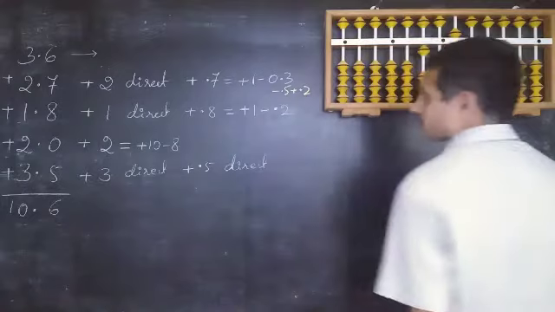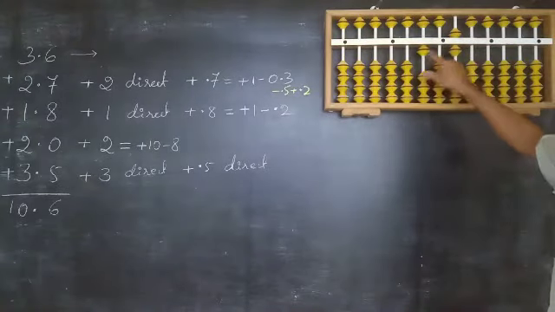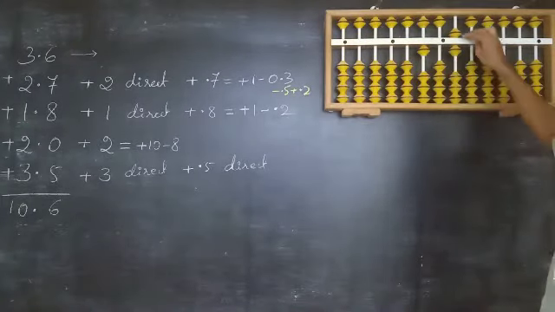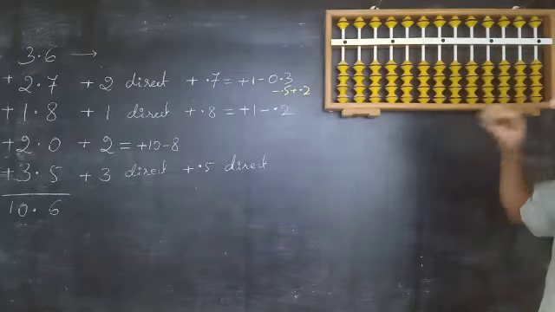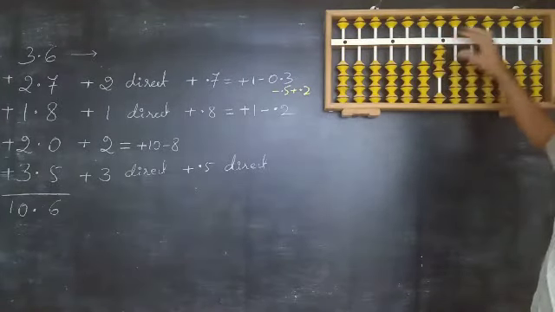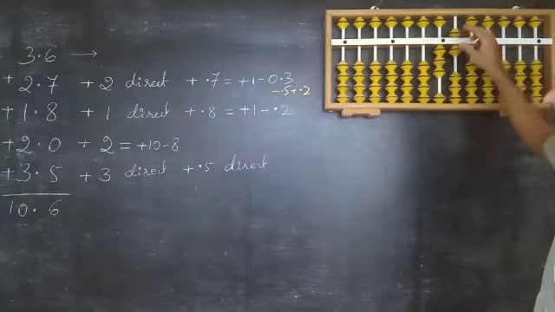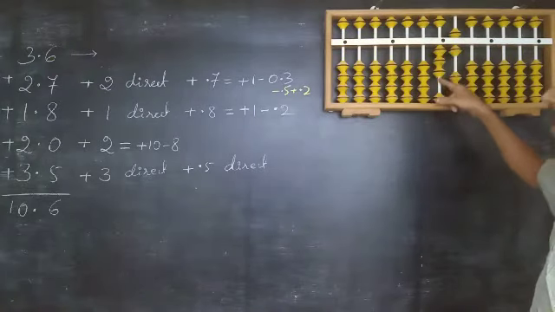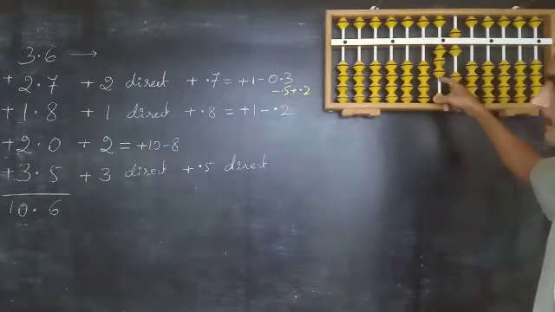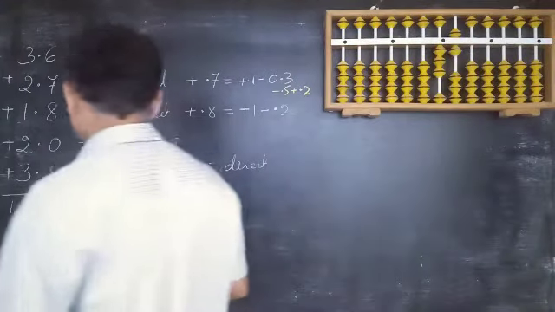See here, 3.6 plus 2.7, plus 2 is equals to, what I wrote, plus 2, not direct.